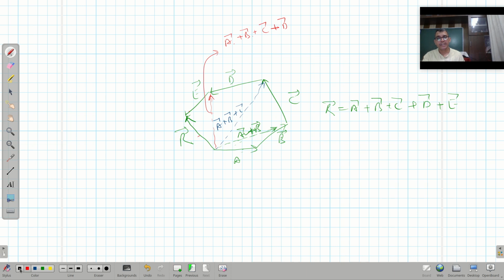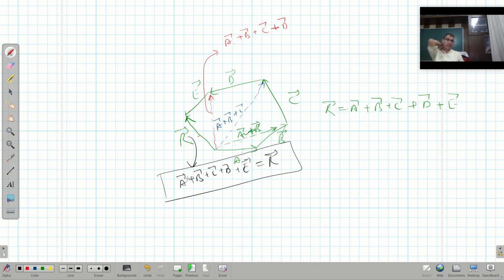So that means this vector, this R, comes out to be A plus B plus C plus D, means this vector, and the last one is this vector. So this way we can find out the resultant of all the vectors.